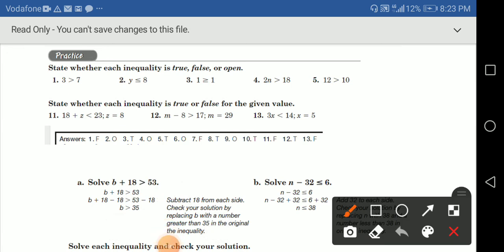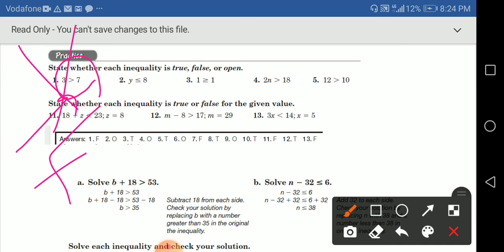State whether each inequality here is true, false, or open. 3 less than 7. Of course, 3 is less than 7. Sorry, this is 3 greater than 7, I didn't see it. So this is false, of course, because 3 is less than 7.